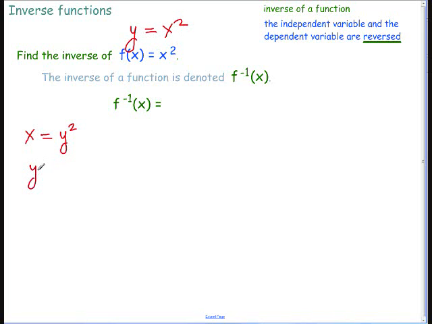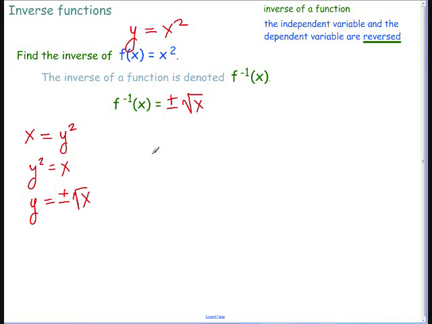Now if I'm solving for y, which I would have to do in order to use this notation, this is the inverse of function f, I would have y equals plus or minus the square root of x, wouldn't I? Plus or minus the square root of x.